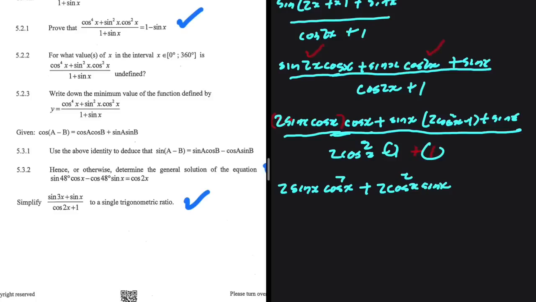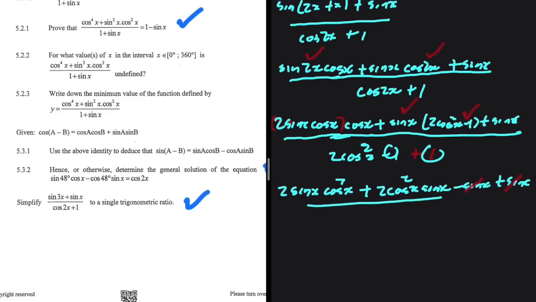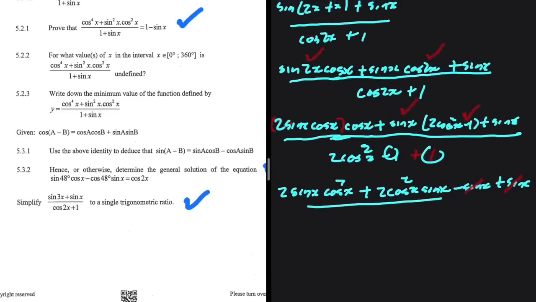And then we're going to have sine of x multiplied by minus 1. So that will be minus sine of x plus sine of x. Clearly, minus sine of x plus sine of x will give us 0. So we are dividing by 2 cos of x everything squared.